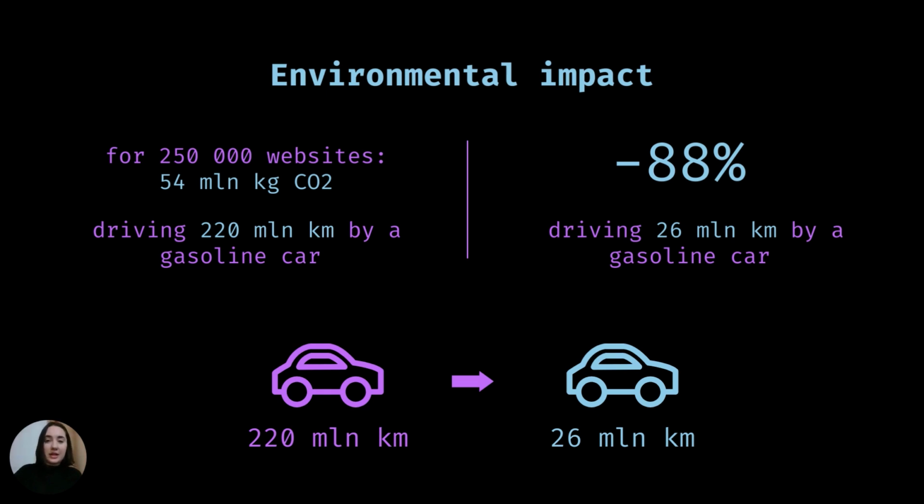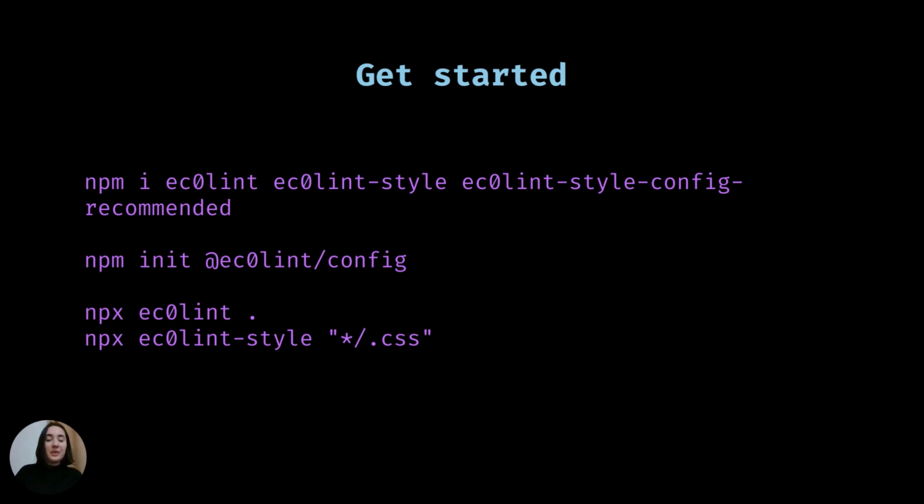And we calculated that in theory you could reduce by using this linter emissions of a single website by 88%. So from these 220 million kilometers, we could just drive 26 million kilometers by a gasoline car. So the difference is quite enormous.